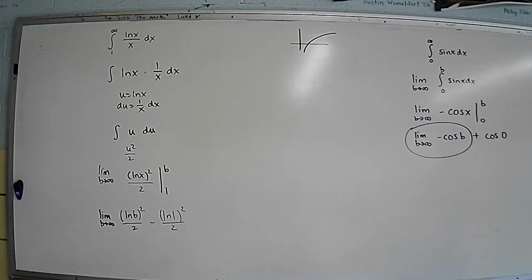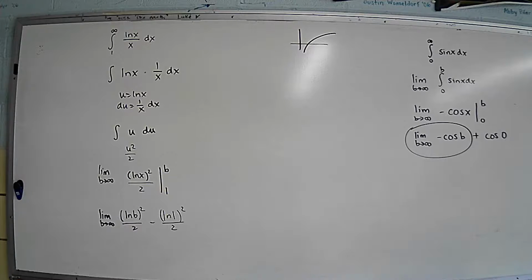It just keeps getting bigger and bigger. Why does it continue to increase? Because the derivative of natural log of x is 1 over x, and that's always positive for positive values of x. So if the derivative is always positive, the function is always increasing. So that limit is going to be infinity.